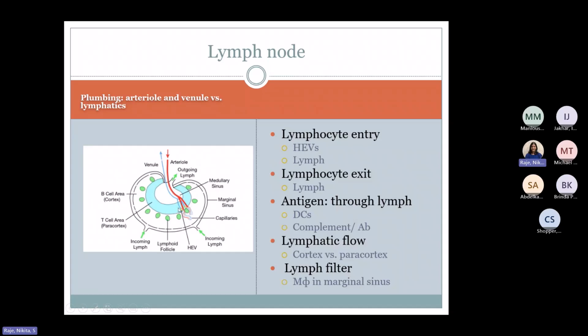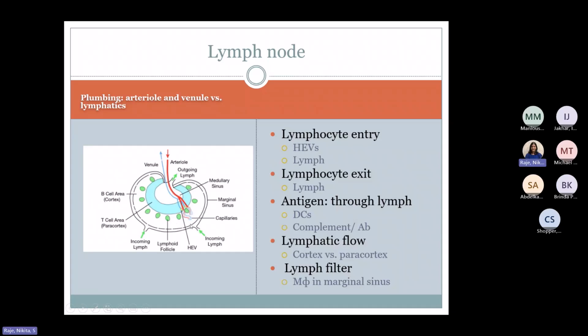Where is the antigen coming from? Antigen is coming through the lymph fluid with antigen presenting cells like dendritic cells, or because they are tagged by complement or complement fragments or antibodies. So the antigen is coming from the lymphatics. Lymphocytes are coming from either the lymph or the HEVs, and then the T cells end up in the T cell region, and the B cells end up in the follicles.